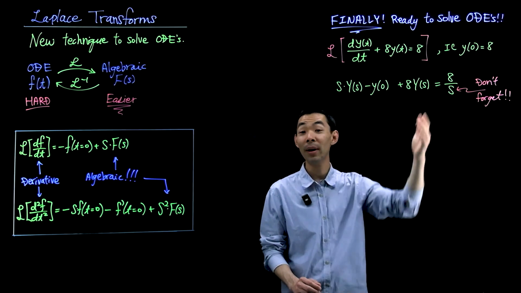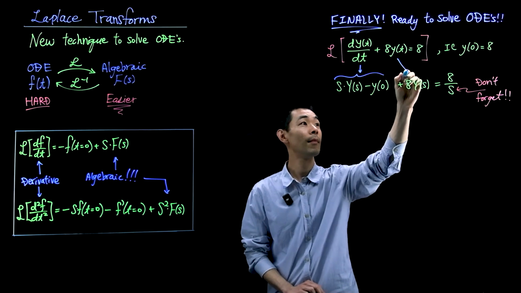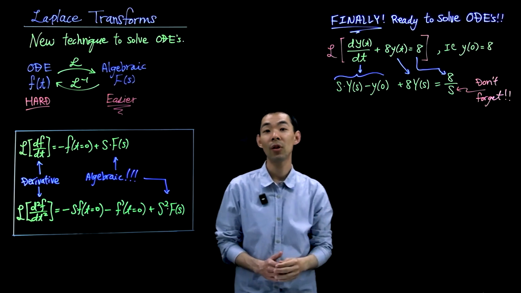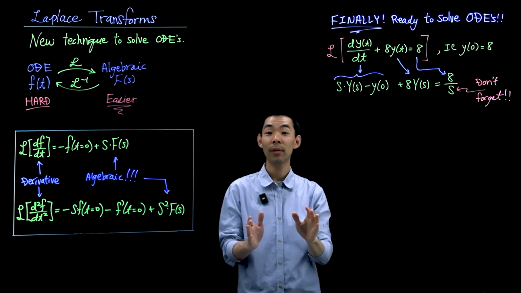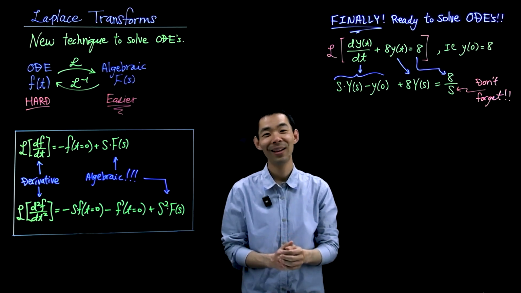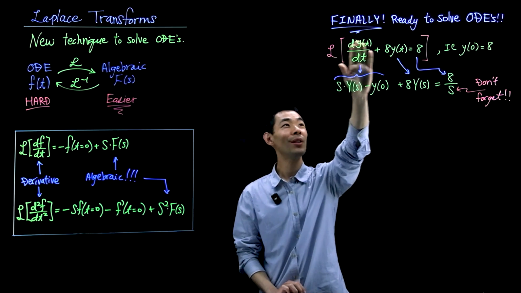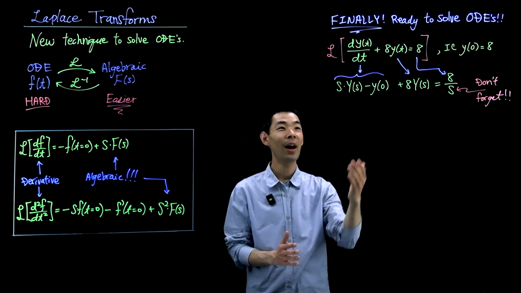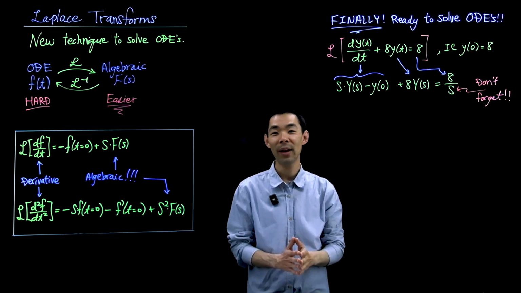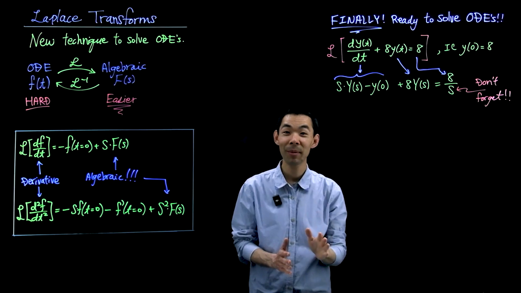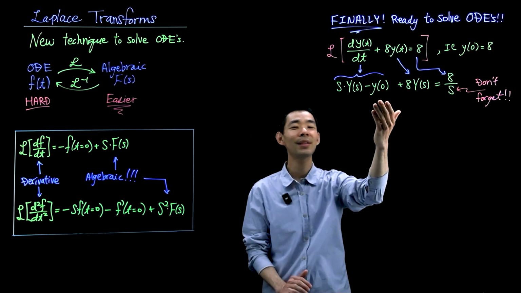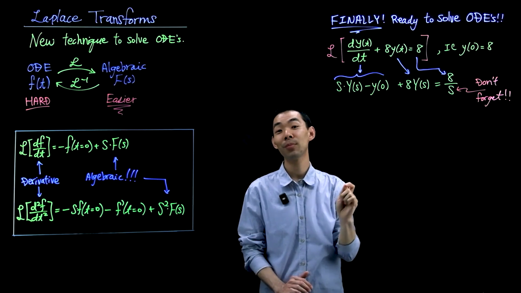So now it's just term by term Laplace transform, where those three terms became these terms down here. So now, as you probably can see, we turned an ODE into an algebraic equation for the unknown function capital Y of s. And another cool thing about the Laplace transform is that at this stage, the initial condition gets seamlessly incorporated into the solution procedure.